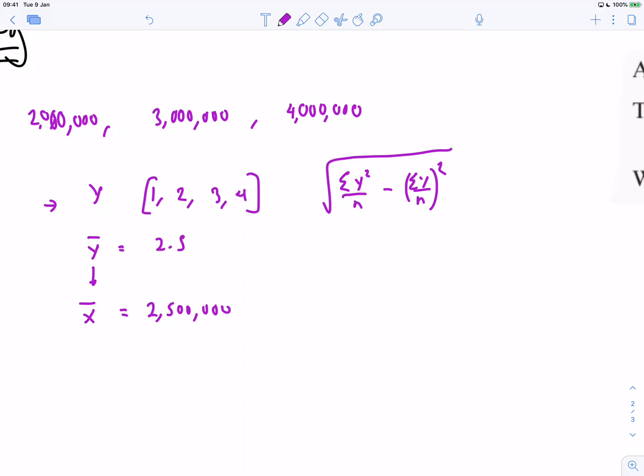So that's going to be the sum of y squared, so 1 plus 4 plus 9 plus 16 is 30, over how many there are, 4, minus the mean squared, which is 2.5 squared. So the square root of that thing is 30 over 4 minus 2.5 squared. And this turns out to be 1.118.